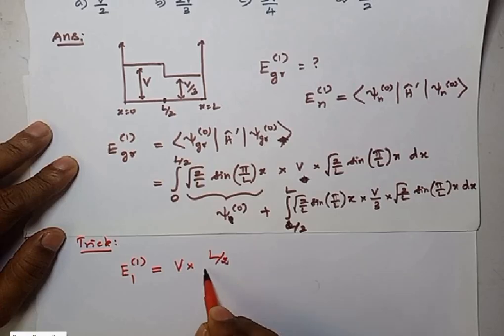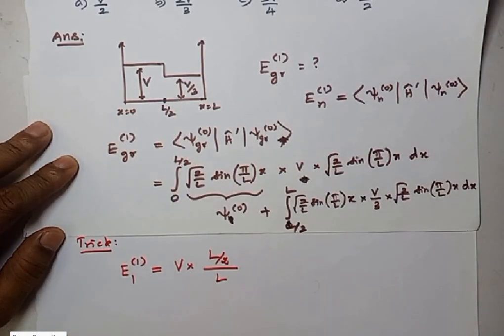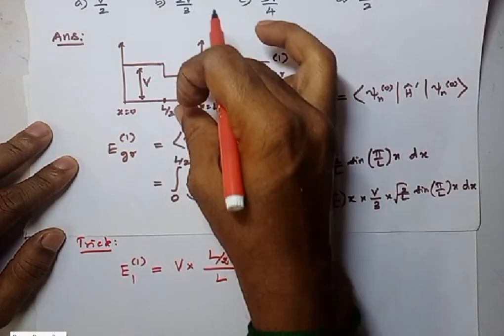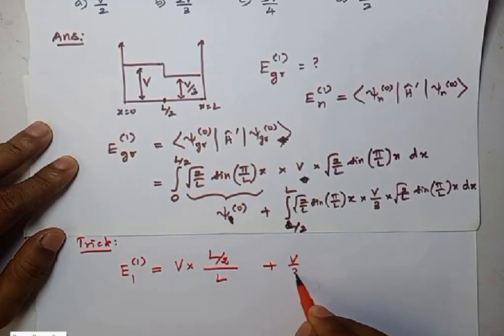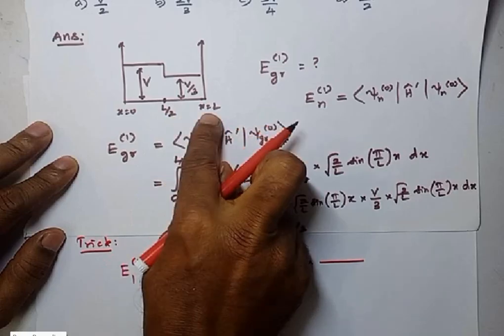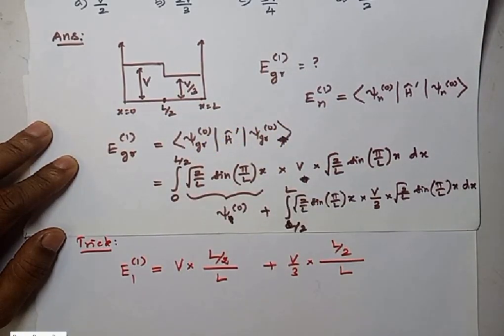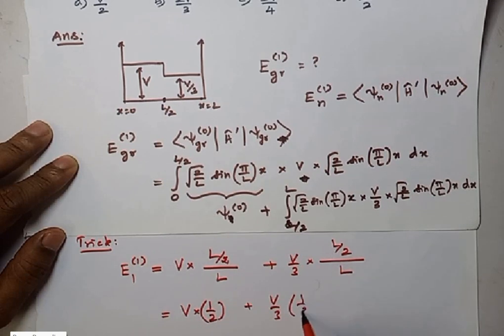Length of the perturbation is L by 2 divided by, what is the length of the box? Length of the box is L. Plus, in the second half, the potential is V by 3 into the length of this perturbation, L by 2 to L, the length is L by 2, and box length is L. So if you simplify this, you will get V into 1 by 2, here L cancels, plus V by 3 into, here also L gets cancelled, get 1 by 2.